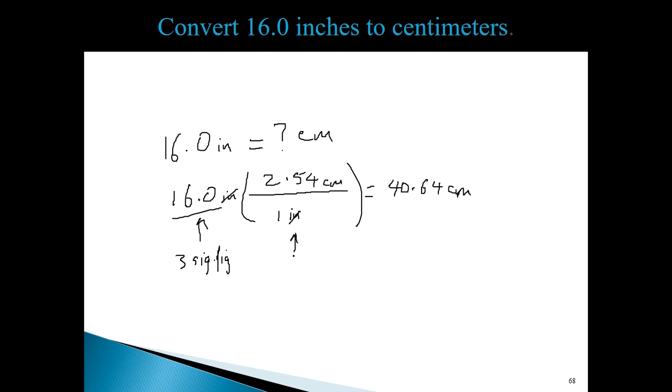This is an exact relationship. So therefore your final answer will be equal to 40.6 centimeters. And that is how we do that. Alright? So those are 2 relatively simple examples of how we convert from one unit to another.